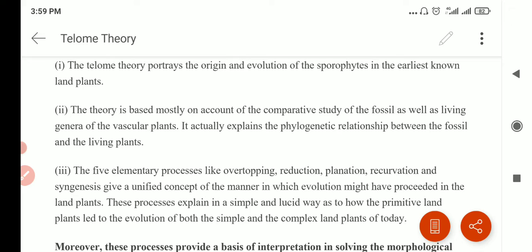So we get to know about the evolution of the sporophytes of the earliest plants. Another significance is that it's based on the fossil as well as the living, so we can see a direct connection between the living and the non-living plants, those who died long ago, like the fossils, and the living ferns.